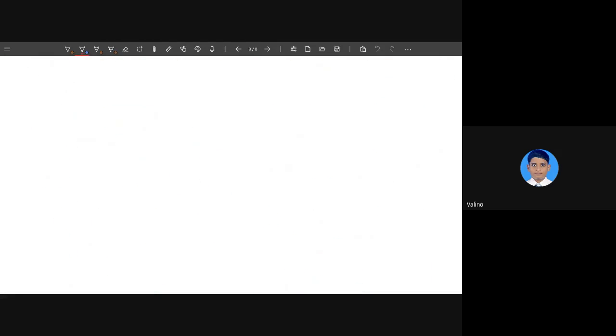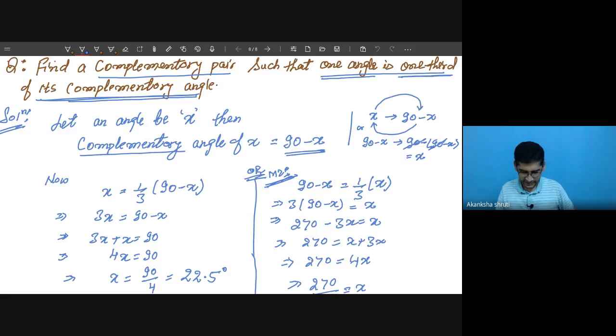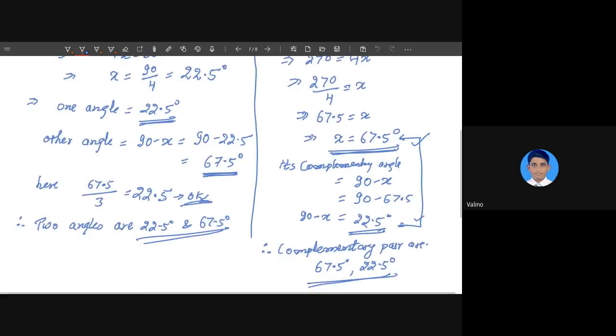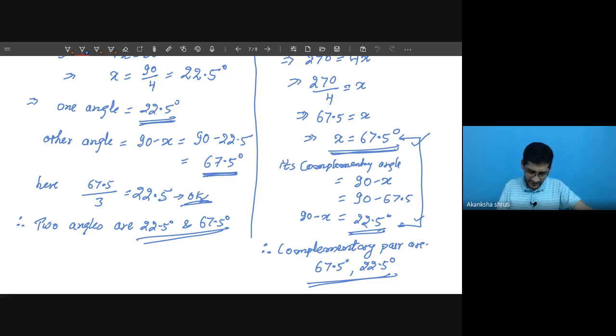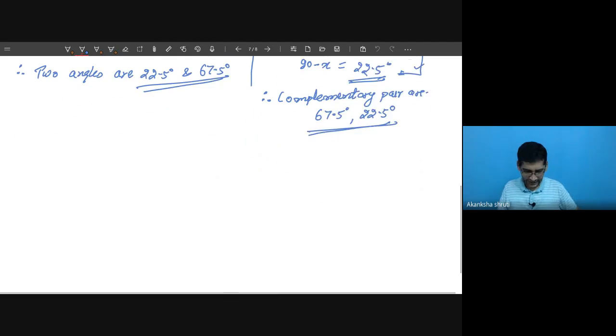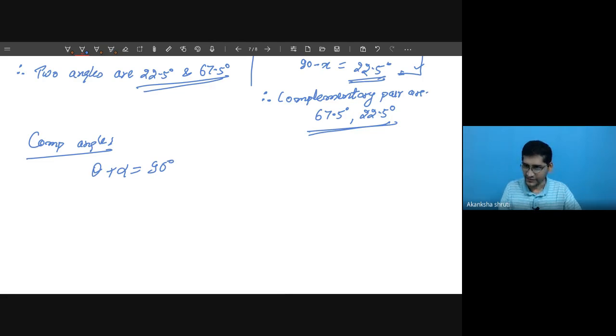90 minus theta is one pair, so 90 minus alpha cannot be one pair. What do you mean? Not exactly getting. Tell me once again. For complementary angle pairs, 90 minus theta is one pair, and can we take 90 minus alpha as a pair? I told you, if you are taking two angles, say I had taken theta plus alpha equals 90 degrees.